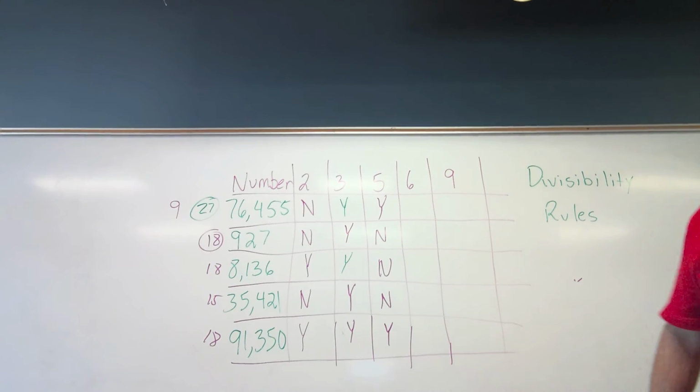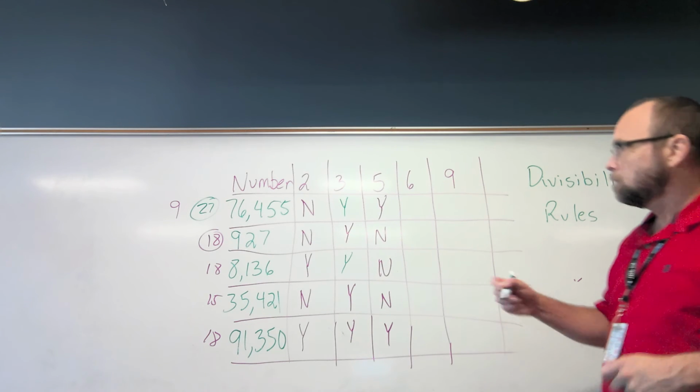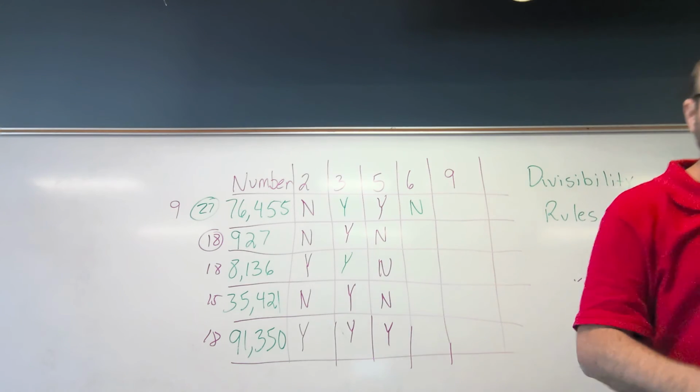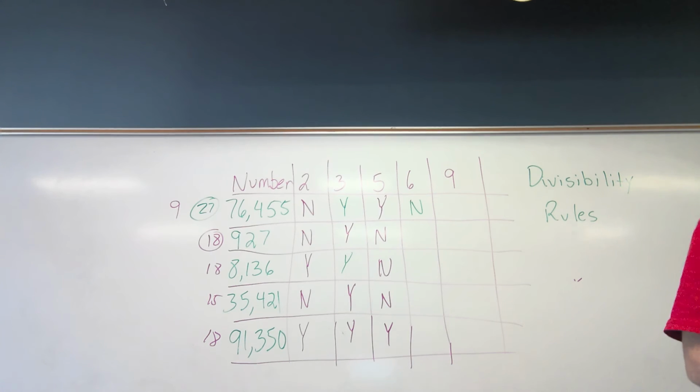So, Brad, 76,455. Is it divisible by 6? No. Because it's not an even number. 927. Seth, is it divisible by 6? Is it an even number, Seth?